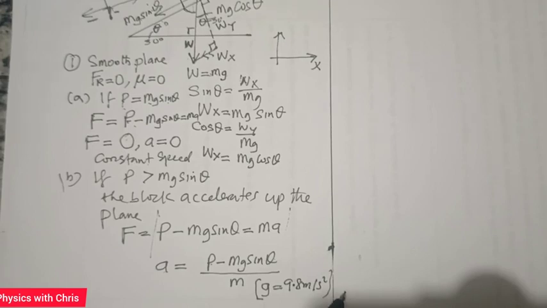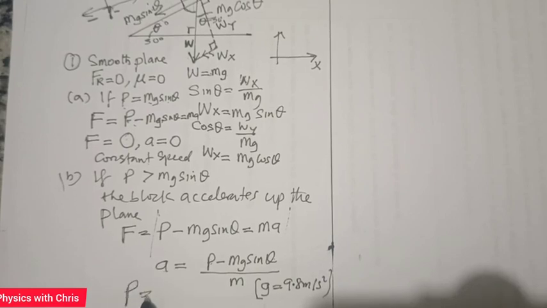And again, they may ask that suppose the block is pulled from rest and the length of the plane is given, you'll be asked to calculate the speed of the block at the top of the plane. So that's one case. Or sometimes we'll be given the acceleration of the block up the plane, and we have to find the value of force P from this same equation.